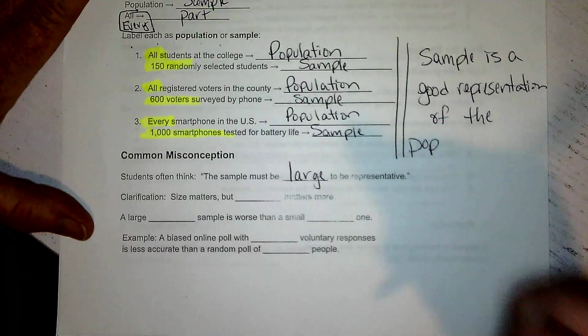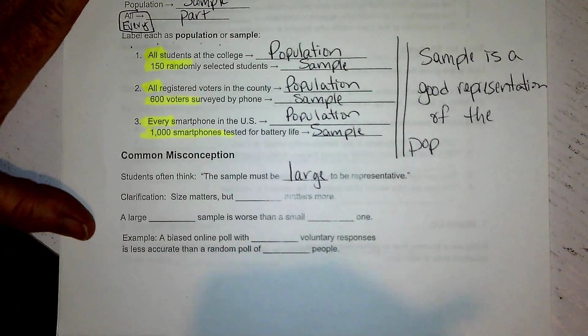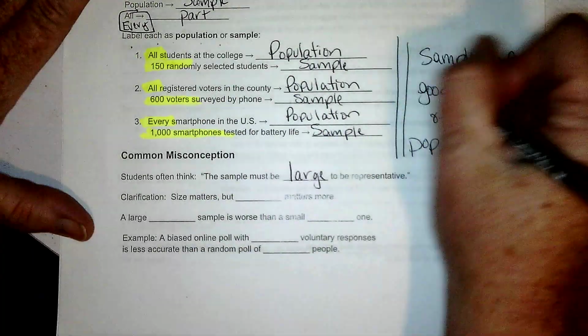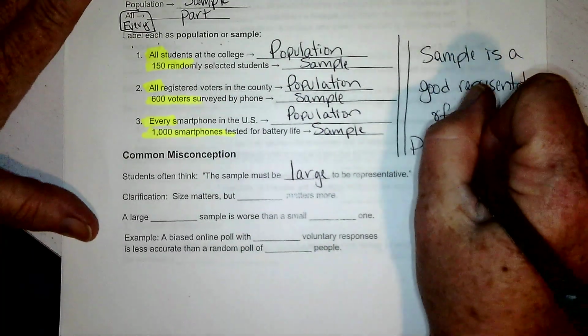You want the numbers that you calculate from the sample to be a representation of the population.